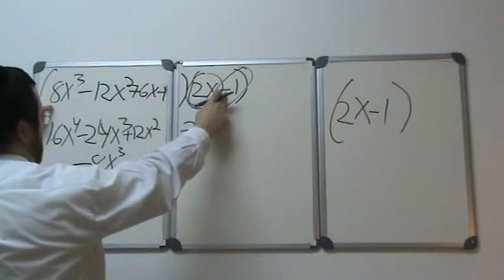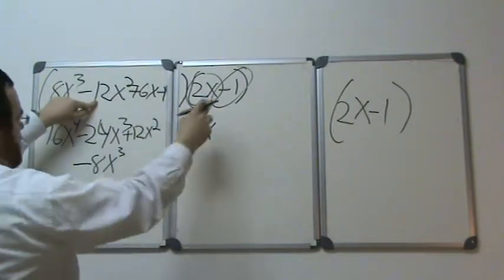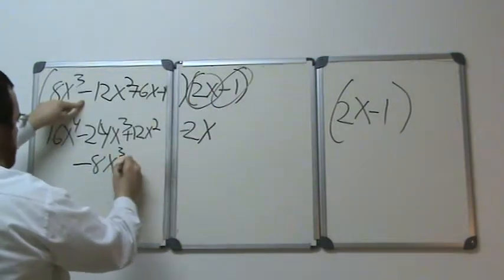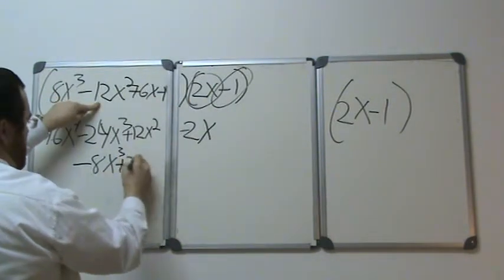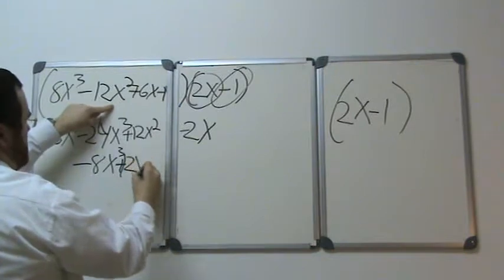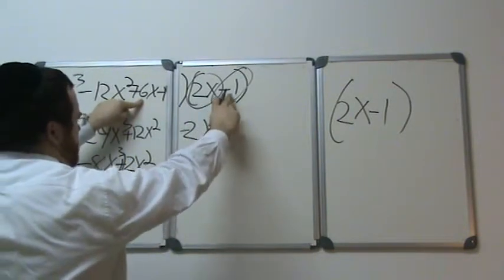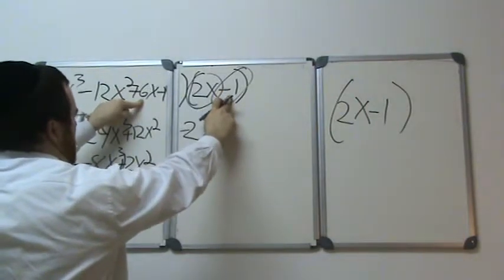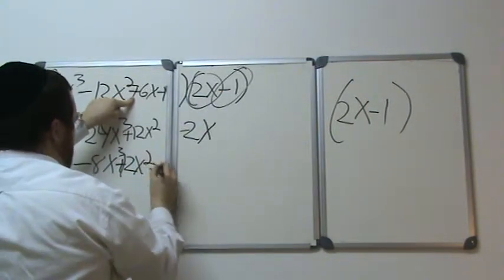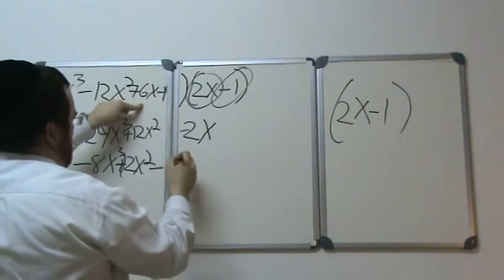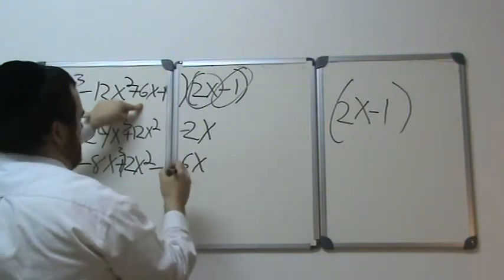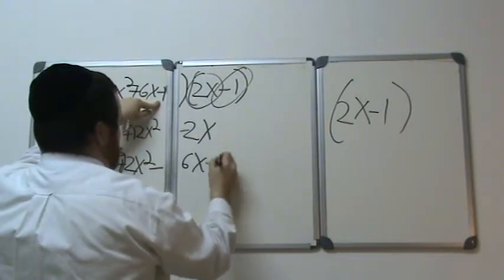Then negative 1 times a negative becomes a positive 12x squared. And then plus negative 1 times a positive becomes a negative 6x. And negative 1 times negative 1 is positive 1.